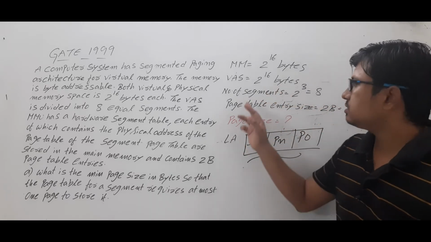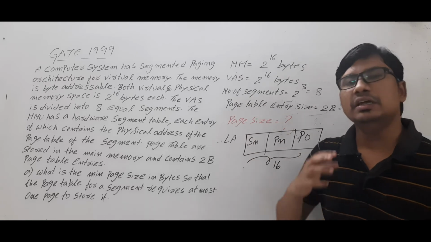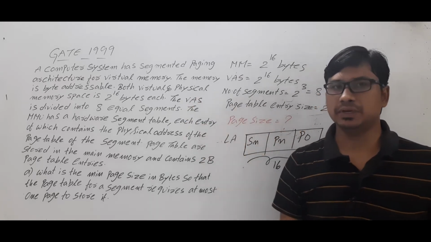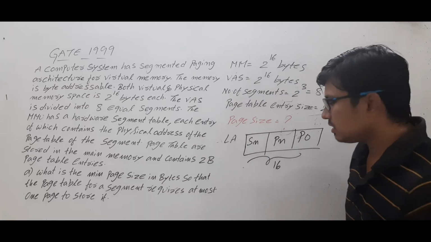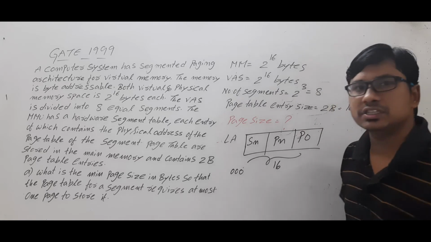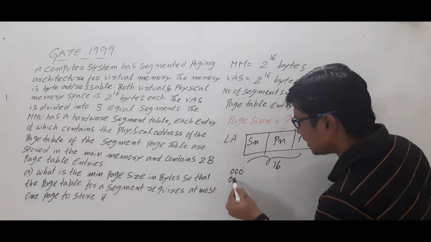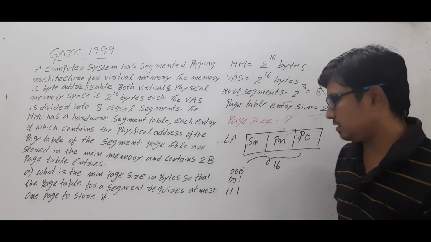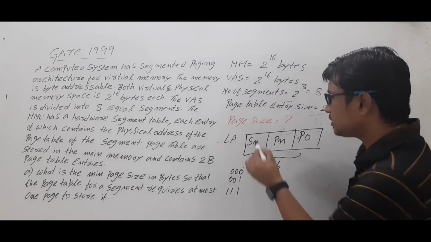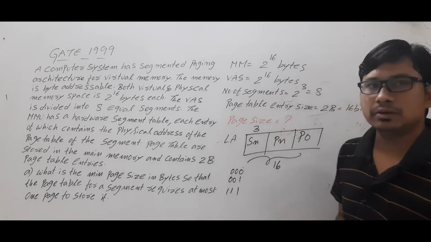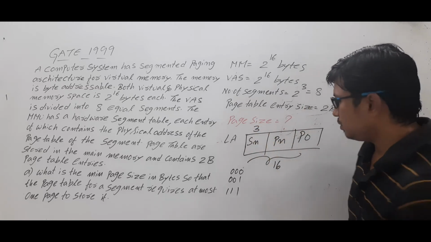Because if you have 8 segments, then you need 3 bits to represent each segment separately. How will we represent it? With 8 segments, we represent 000 for segment S0, 001 for segment S1, similarly 111 for segment S7. So we need 3 bits to represent the segment number for 8 segments.